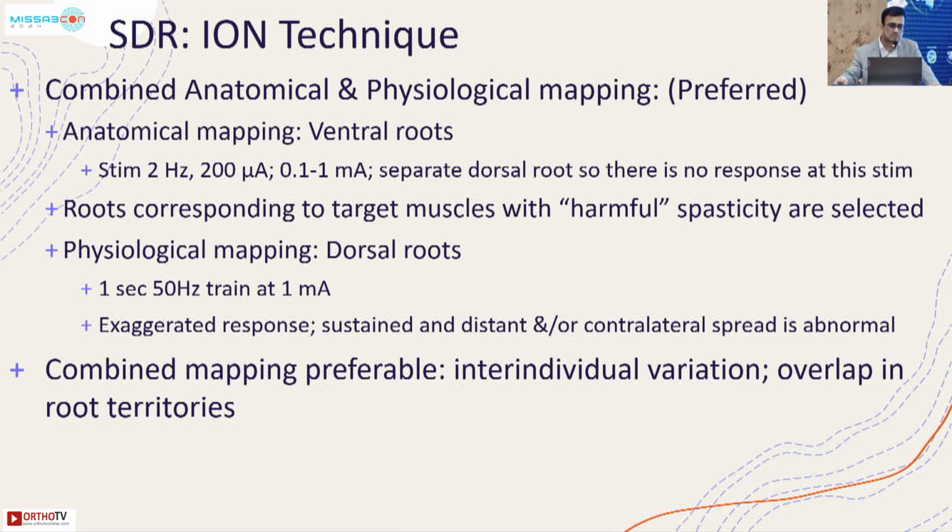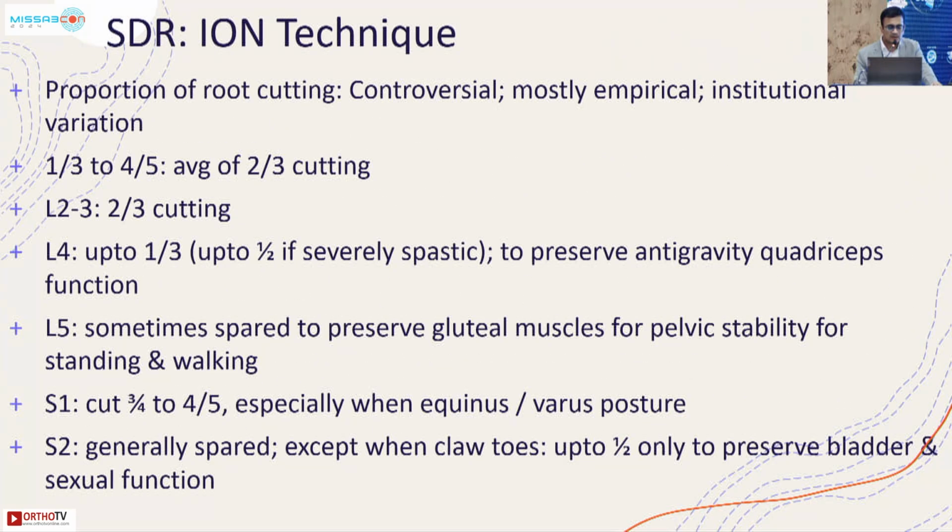Dorsal root stimulation is done by a train of stimulus using a 1 second duration, 50 hertz train at 1 milliampere. Whichever rootlets show an exaggerated response of grade 3 and 4, those are divided.